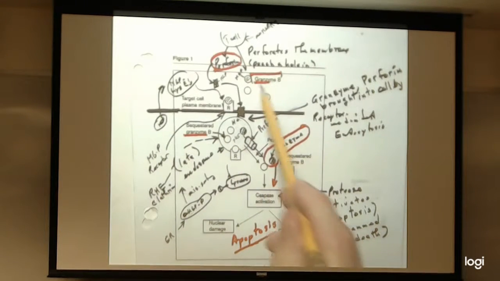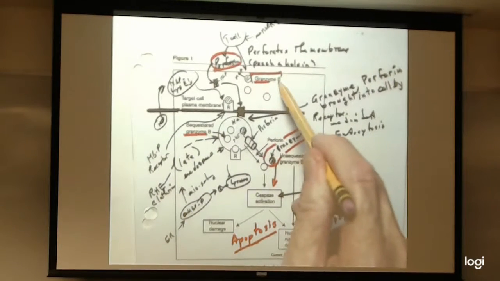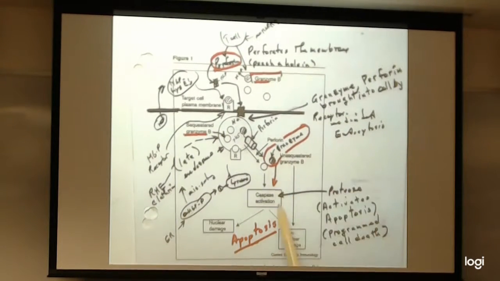And here are these proteases with this granzyme B, which is a protease, and will in turn activate the caspase proteases, which mediate programmed cell death.